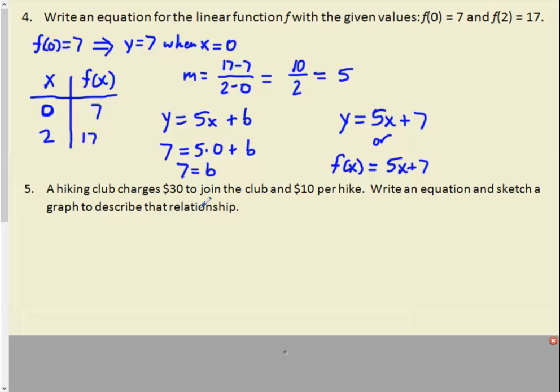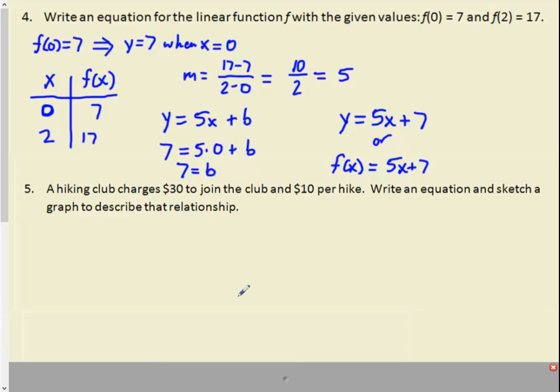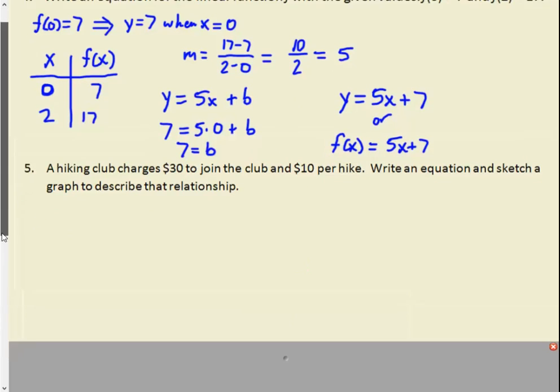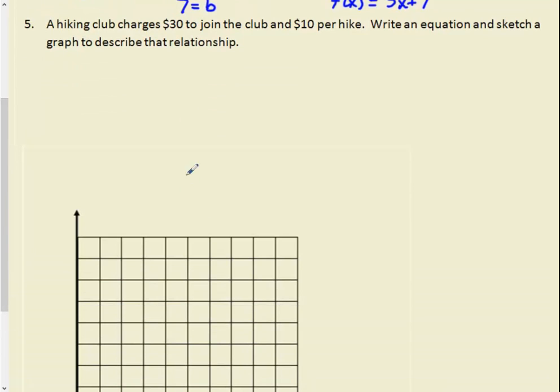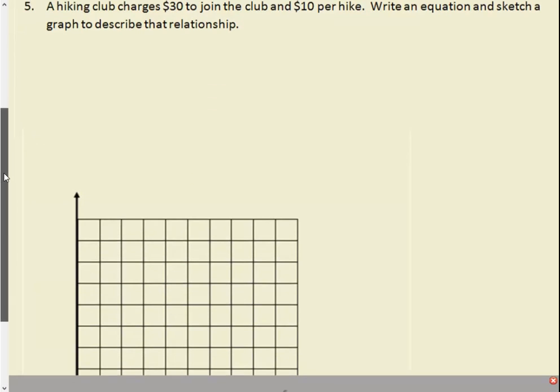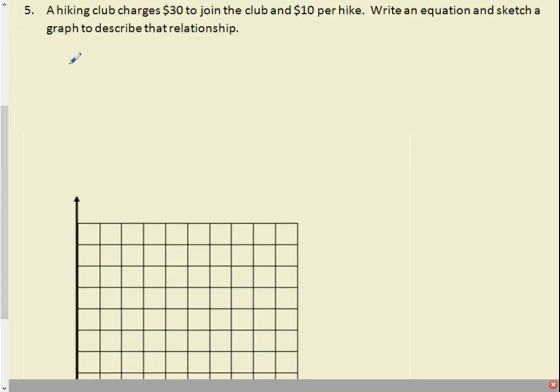Okay, number 5. A hiking club charges $30 to join the club and $10 per hike. Write an equation and sketch a graph to describe that relationship. Okay, so we want our slope. Well, slope is rate of change, which is this $10 that we're getting charged per hike.